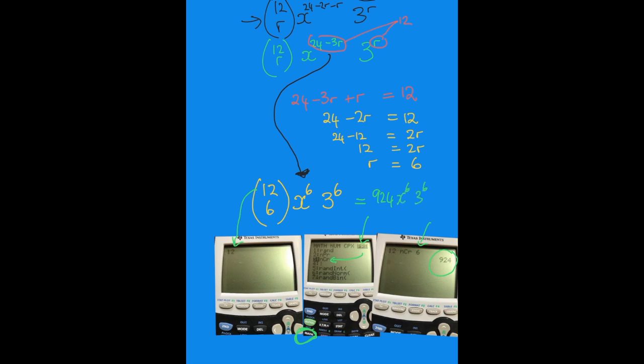But don't forget, we've still got this 3 to the power of 6 to deal with, so we still need to multiply that into the equation. So you need to go 3 to the power of 6 times 924 to get the full value. And that works out as 673,596 x^6. And that here is your answer. That's what you were asked to find. You were asked to find the coefficient, and this is the coefficient that you needed here.